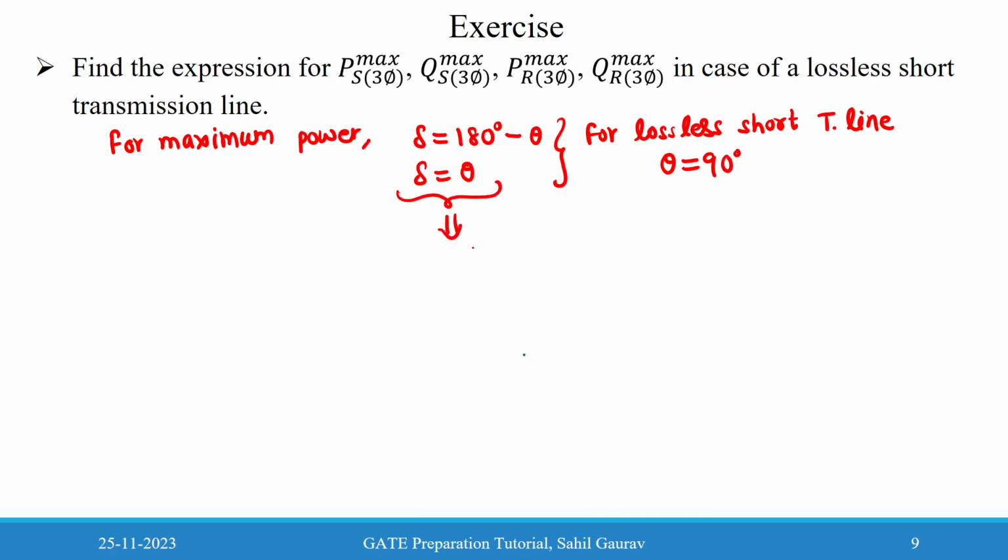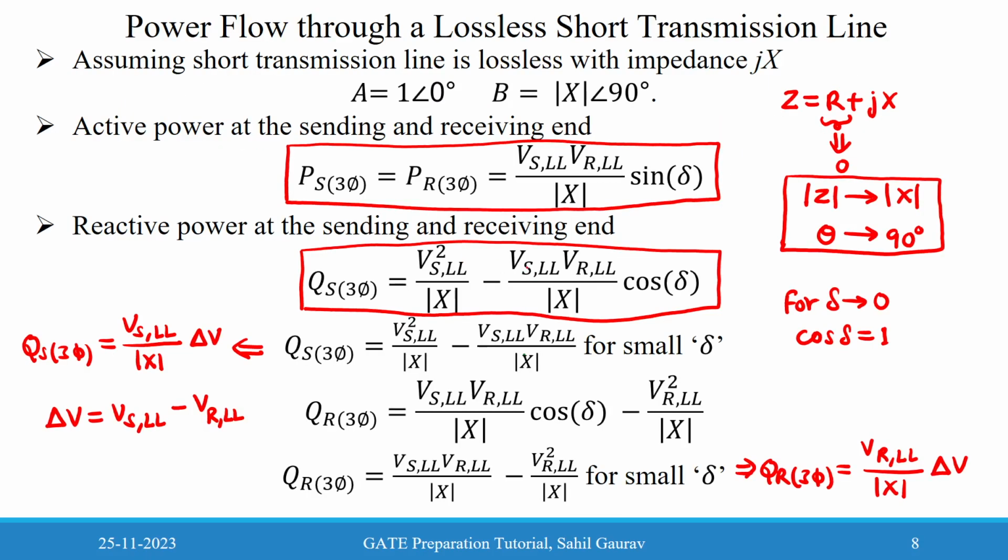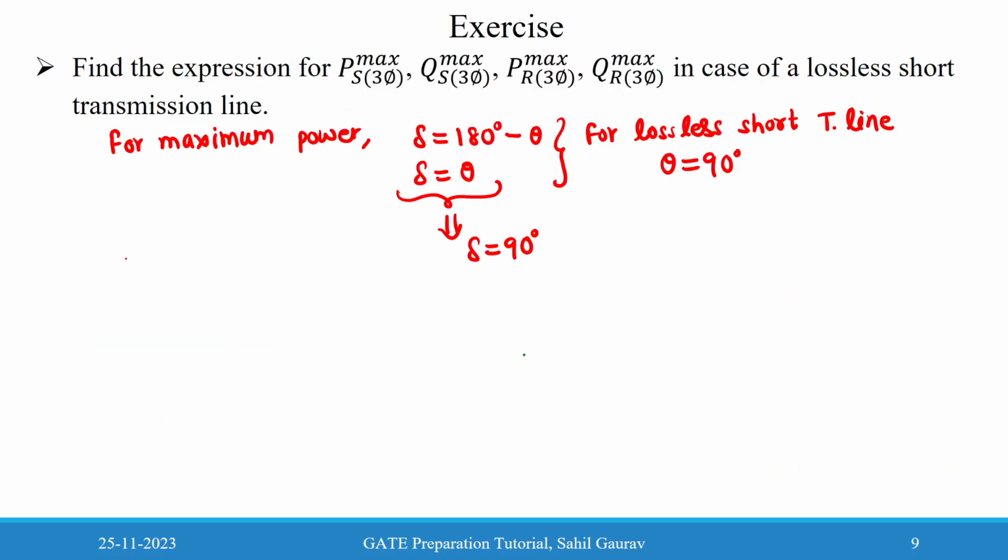Just put delta equal to 90 degree in the expression we got here, and you will get the maximum sending end and receiving end active and reactive powers. So PS 3 phase max is equal to PR 3 phase max. Sine 90 degree is equal to 1, so the maximum value is VSLL VRLL divided by mod X.